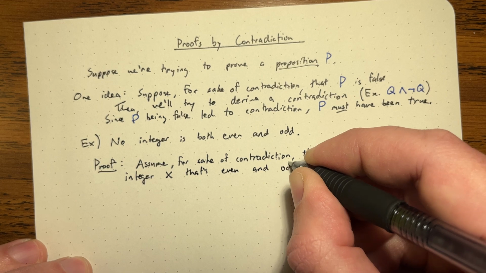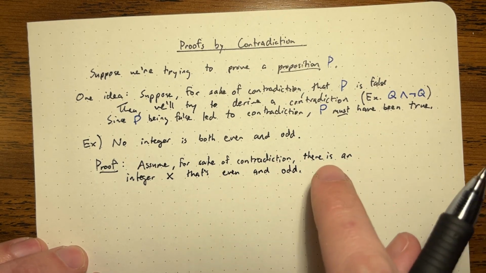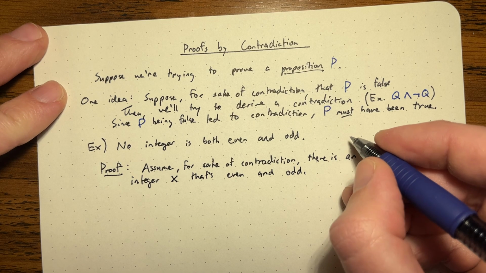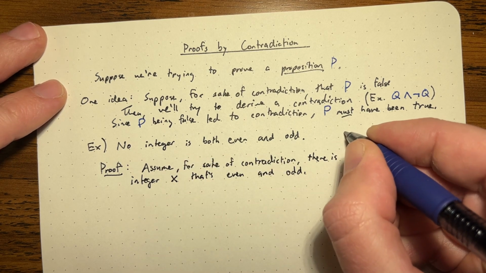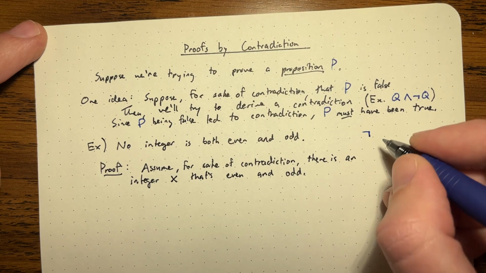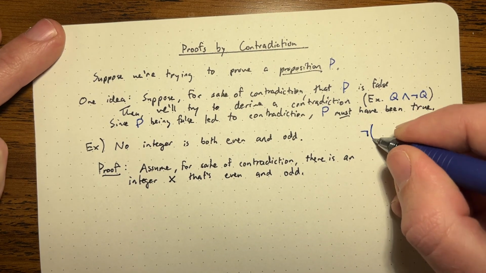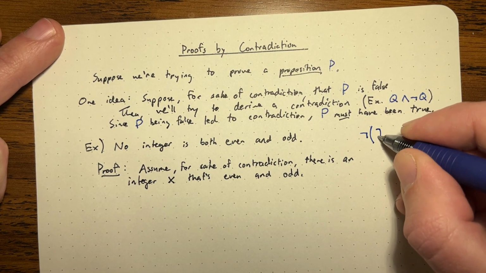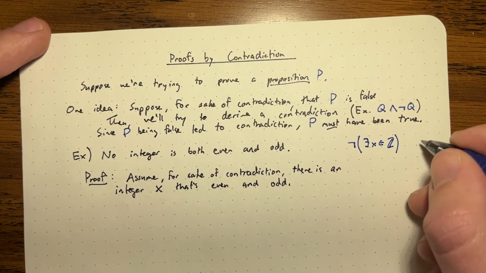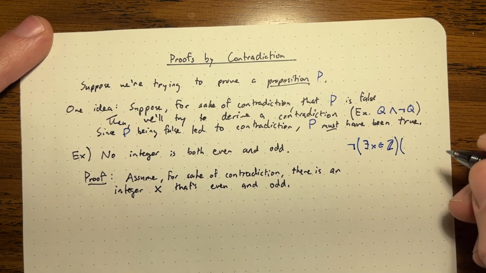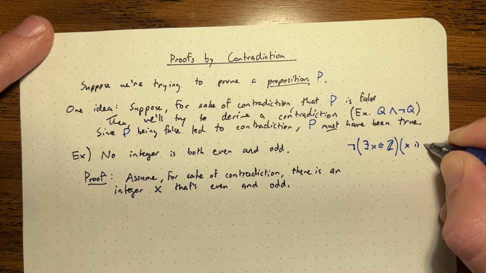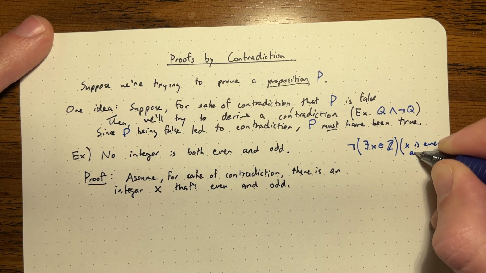By the way, just to drive this home, so no integer is both even and odd. What is this really saying? If we put this into logical terms, it is not the case that there exists an integer that's both even and odd. So it would look like this if we were writing it using our formal notation.